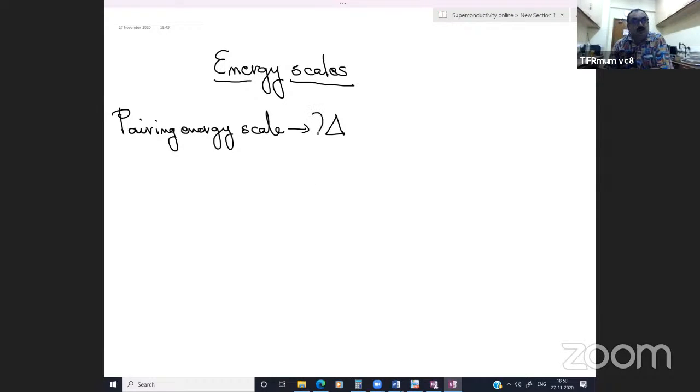So if I excite the system to a characteristic temperature of the order of 2 delta, or if I excite with a photon with the energy 2 delta, I will break the Cooper pair. And this is why your Tc within BCS theory is proportional to delta.